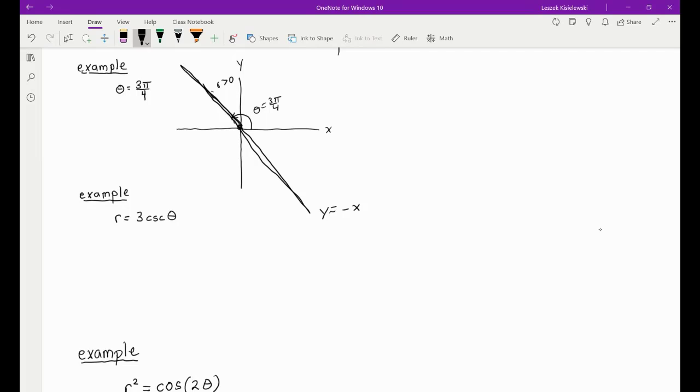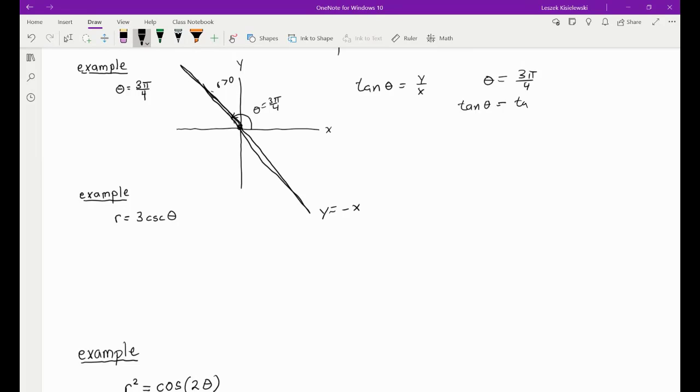If you want to take advantage of formulas, we know that tangent of theta is y divided by x. So if we have that theta is 3 pi over 4, tangent of theta, what's tangent of 3 pi over 4? It's negative 1, right? I'll write that out.